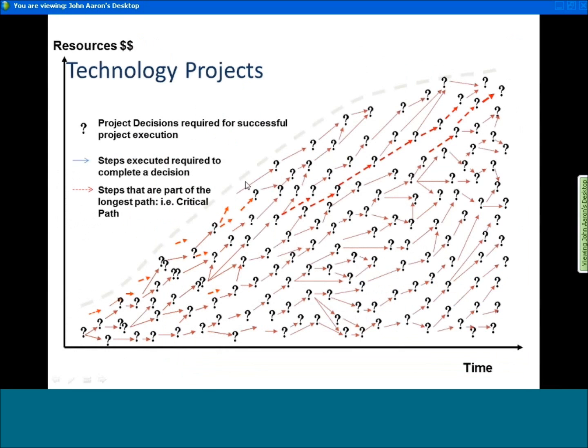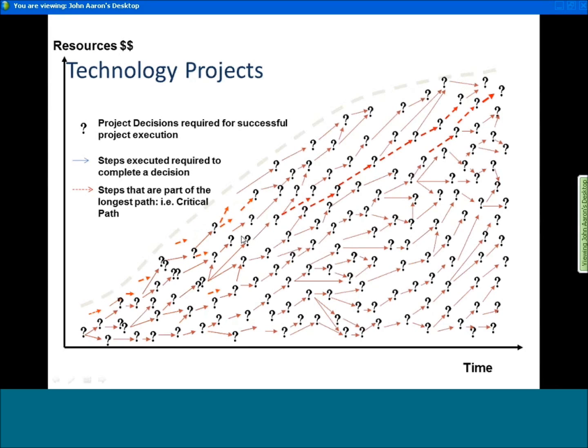The next thing about quality gates that's quite useful is that projects, especially technology projects, where you can get thousands of bits of information regarding the project performance or things that you have to manage, such as data objects and so on, you can think of projects in an S-curve as being a chain of decisions that have to be made.